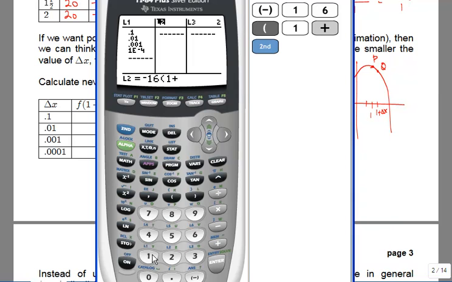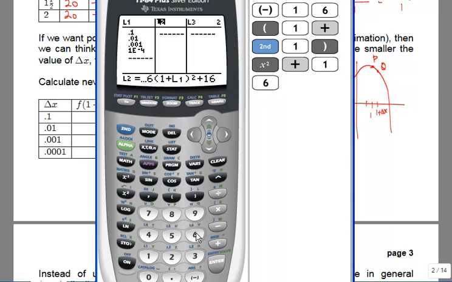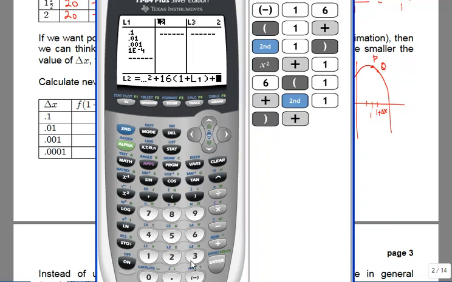So I'm going to type in 1 plus list 1, quantity squared. So that's the x value that I'm actually using, 1 plus our delta x's, which are stored in list 1. Then my function was plus 16x. Now again, I don't want to use x, I want to use 1 plus my delta x's, and the delta x's are stored in list 1. And then finally on the end was plus 32.